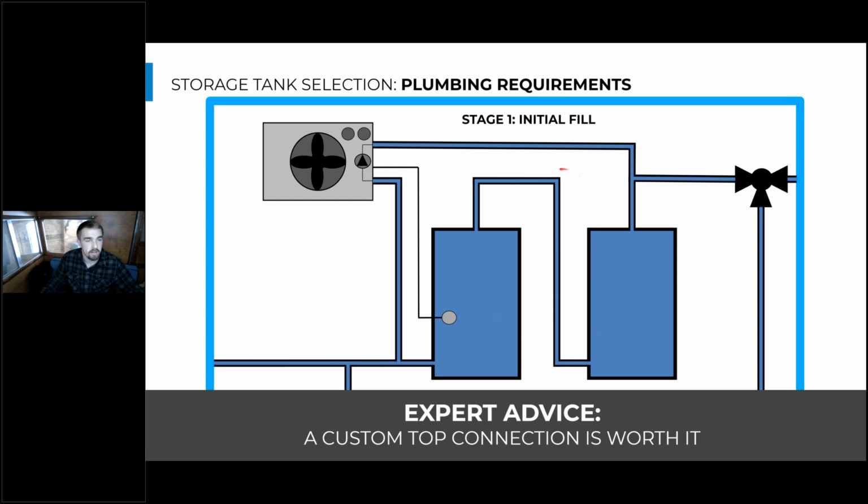One thing I want to point out here with the in-series tanks is you can picture this as one tall, narrow storage tank because the bottom of this first tank is connected to the bottom of this second tank, which is connected to the top of this first tank. So if you plopped this tank right on top of this next one, you would have the hot water in the top of this tank and the cold water in the bottom of this tank.